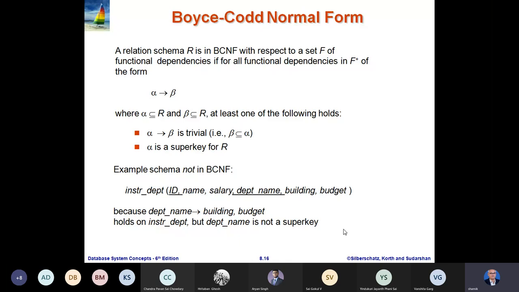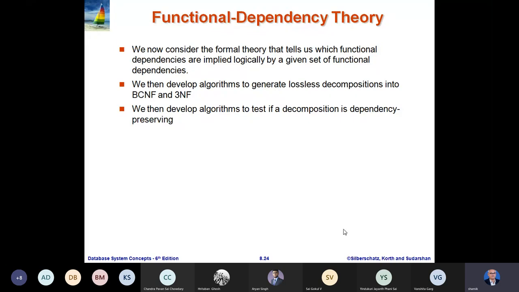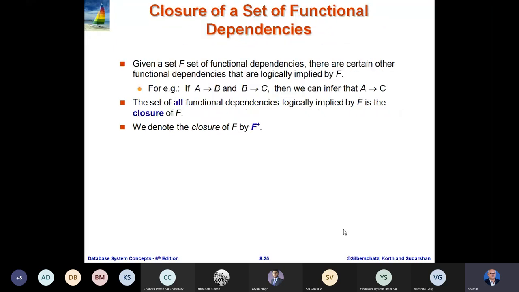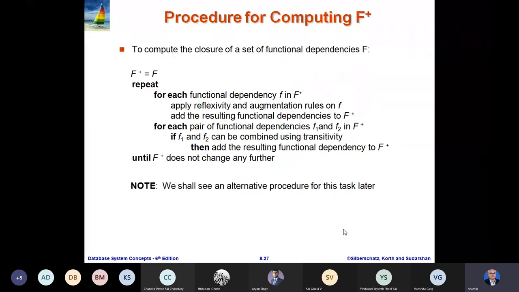And that is what we said here, that we start with the first step of how to get F plus from F. This is how we get it, by applying Armstrong's axioms of reflexivity, augmentation, and transitivity on the functional dependencies that are there in F. As we keep growing F to F plus, F plus is initialized to F, and as we keep adding more and more functional dependencies in F plus, we get a first set of new functional dependencies from F into F plus.